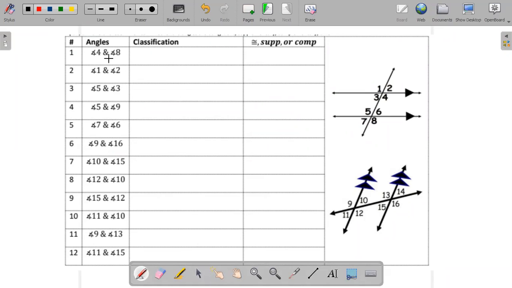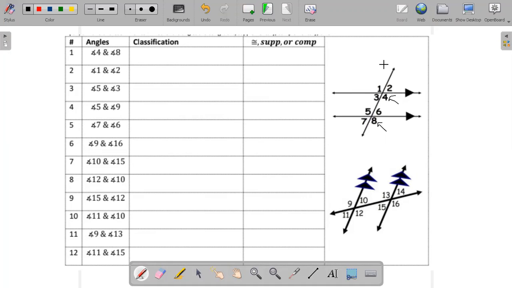So the first thing I'm going to do is look at angle 4 and angle 8. Obviously with angle 4, I'm looking right here, and angle 8, I'm looking right here. You should be able to just look at this and see what type of angle they are. I see that 4 and 8 are on the same side of the transversal, so they could be consecutive.